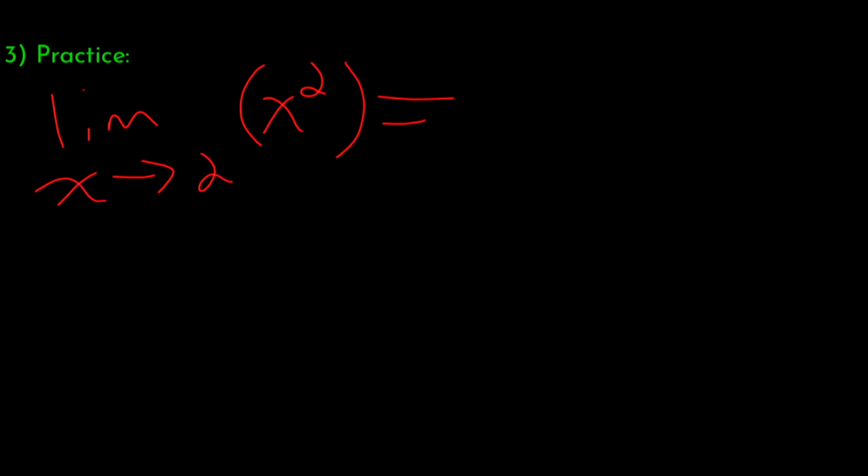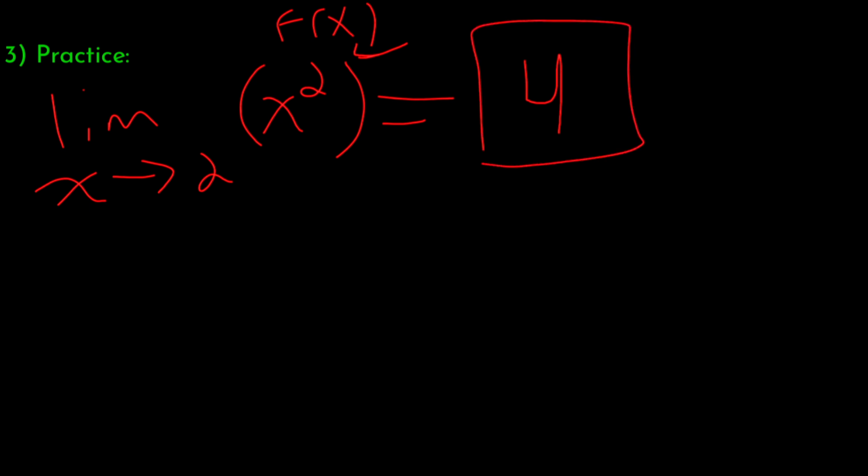So how do I measure this? This is my f of x. Inside, this is my inner function of the limit, x squared. So if I want to measure the output, I'm going to plug in a 2, which is going to be 2 squared, which is 4. So that's my answer. The limit as x approaches 2 of x squared is 4.